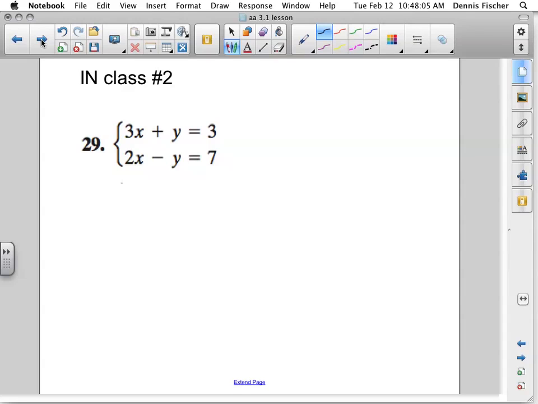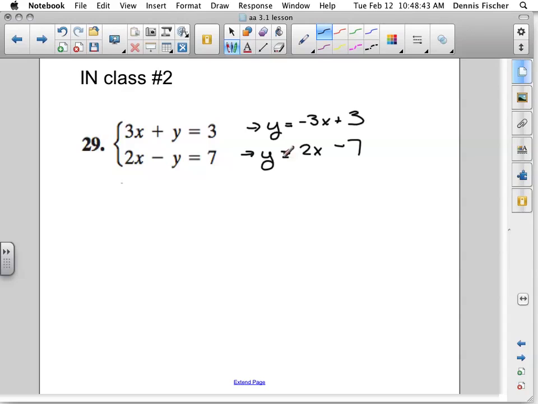If I was getting y by itself in the first equation, you don't have to do it this way. You can do negative a over b if you want to. My second equation, I'm just going to do it in my head real quick. I believe that's it. Do you agree with me? What kind of system? Independent. How do we know? Not the same line and not the same slope.